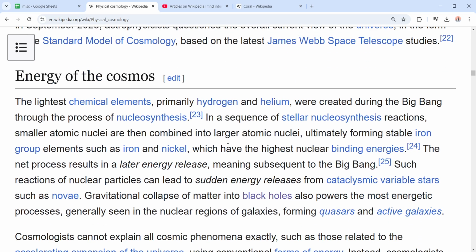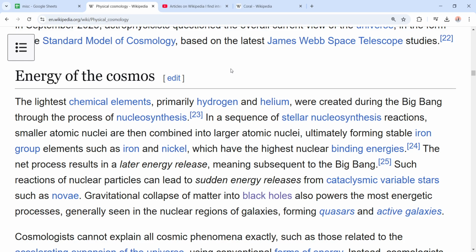Energy of the cosmos. The lightest chemical elements, primarily hydrogen and helium, were created during the Big Bang through the process of nucleosynthesis. In a sequence of stellar nucleosynthesis reactions, smaller atomic nuclei are then combined into larger atomic nuclei, ultimately forming stable iron group elements such as iron and nickel, which have the highest nuclear binding energies.